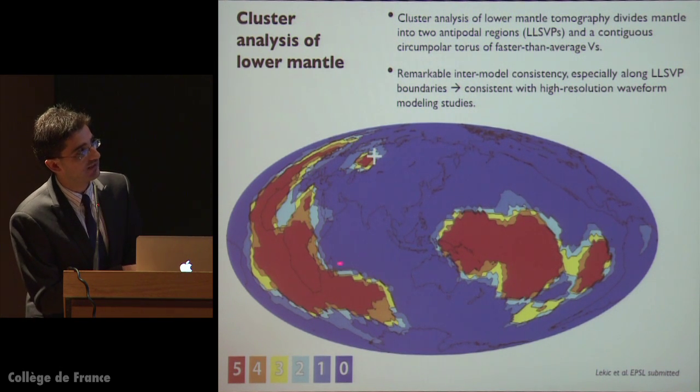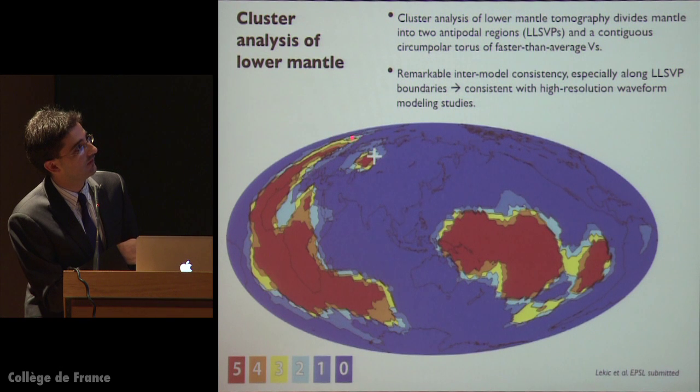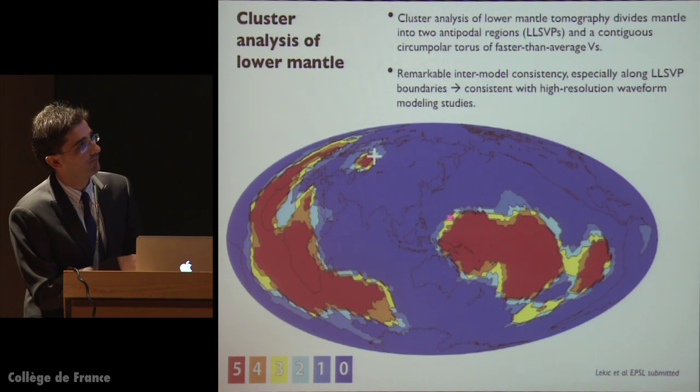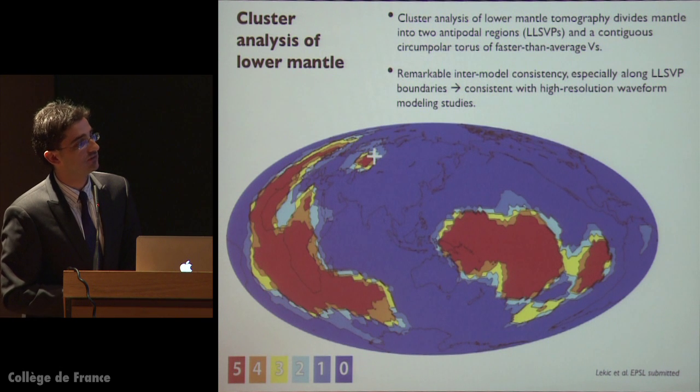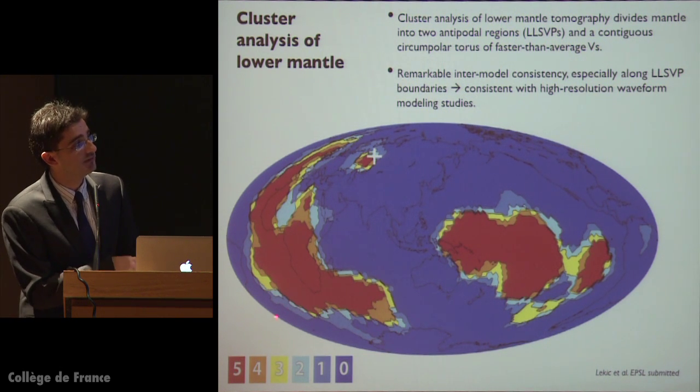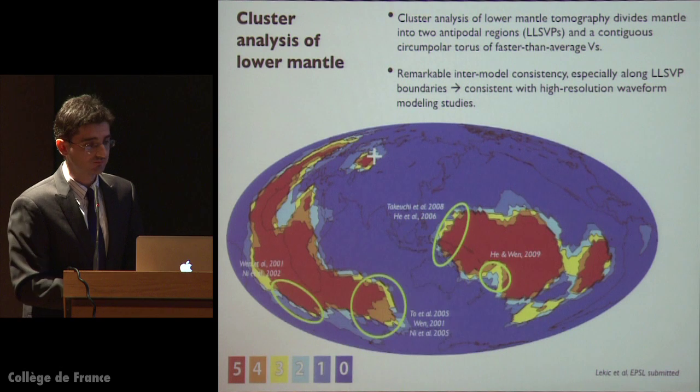In fact, even if you look at the edges of these LLSVPs, you see that the models agree. For example, here, all the models agree this point is in the LLSVP, and all the models agree that it's not on this side. So this allows us to define the boundaries of the LLSVPs. In fact, the boundaries of the LLSVPs are known to be quite sharp.